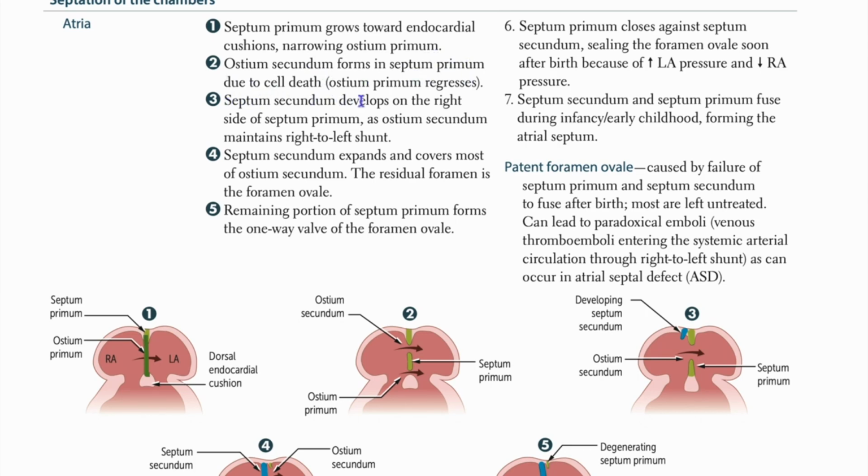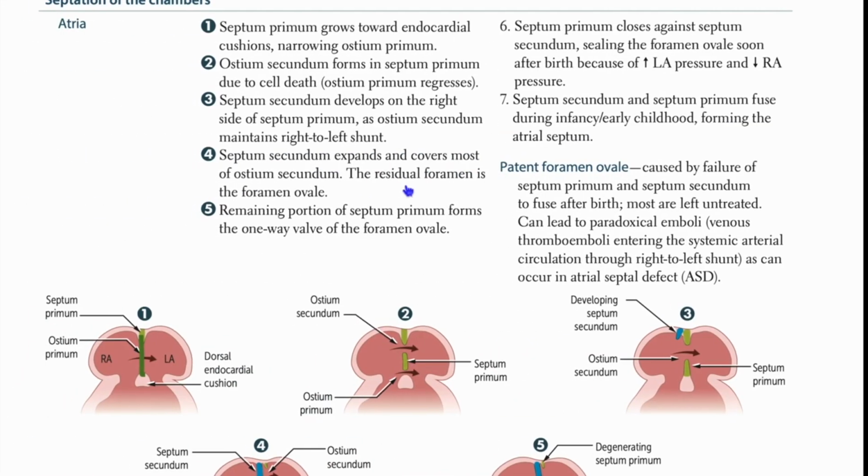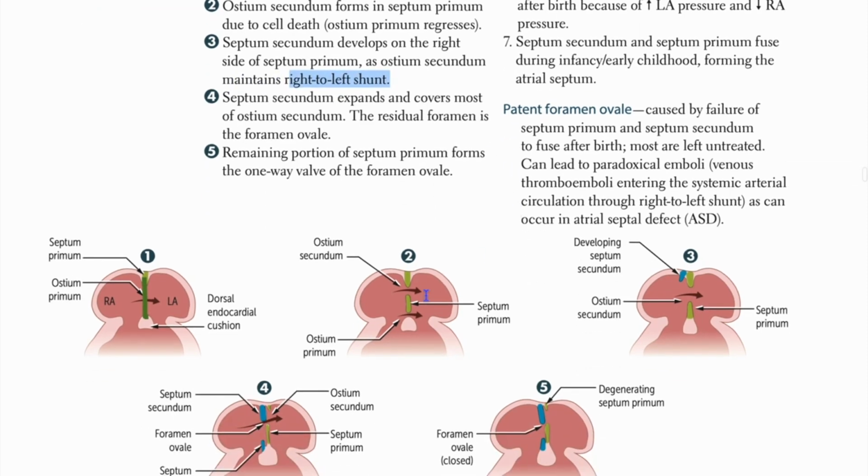Then three. Septum secundum develops on the right side of the septum primum, as ostium secundum maintains right to left shunt. Right to left shunt means the blood is going to push over here, because you have to remember it's still a fetus, so they don't have all the cardiac muscles built.